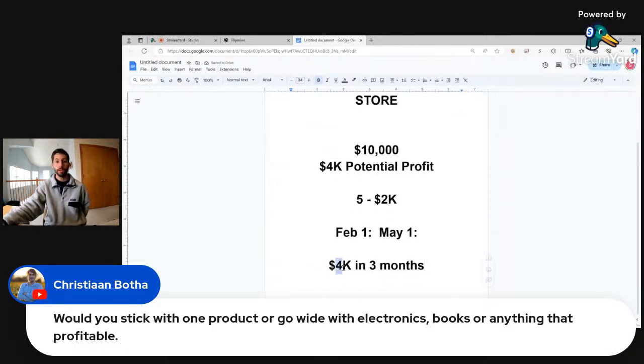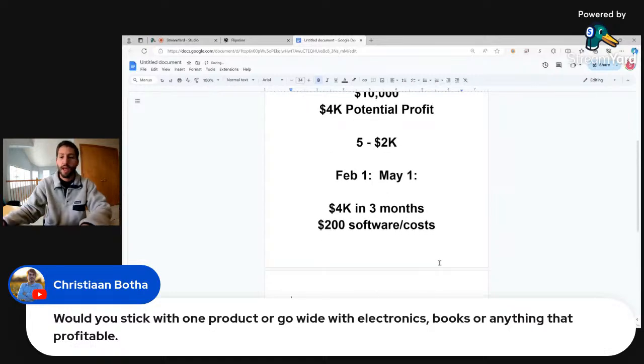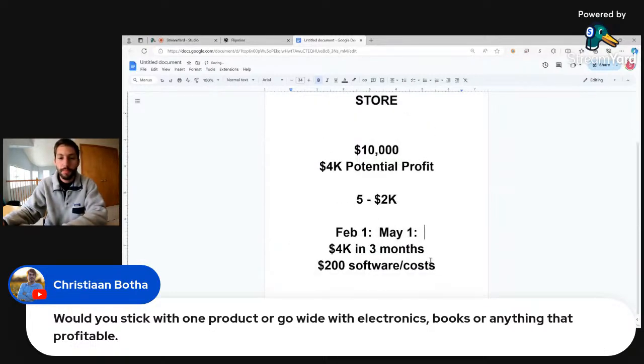So great, you made your 4K in 3 months, but over those 3 months, you still had your $200 of software costs and whatever other costs in your business you had. And that's for every single month. And you're dividing this by 3 months.